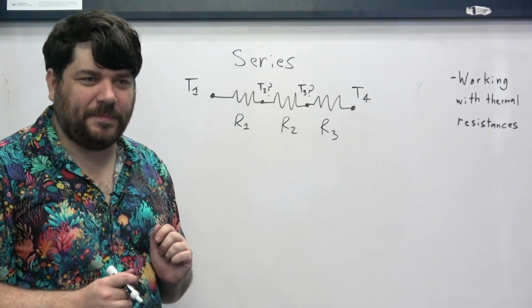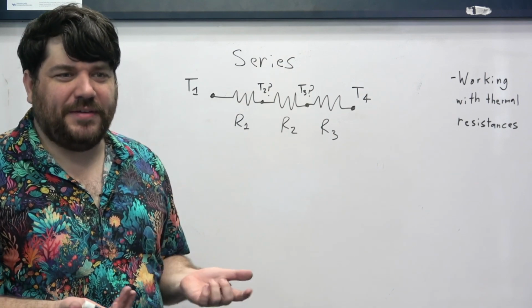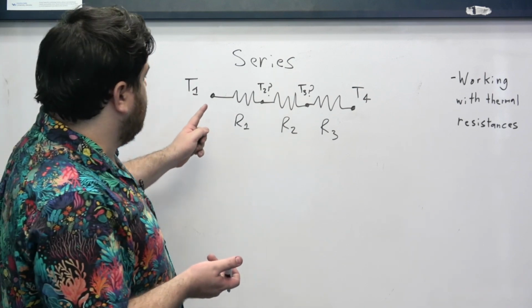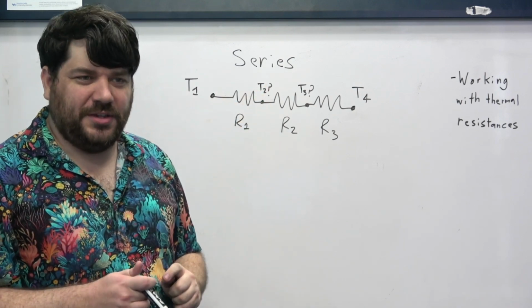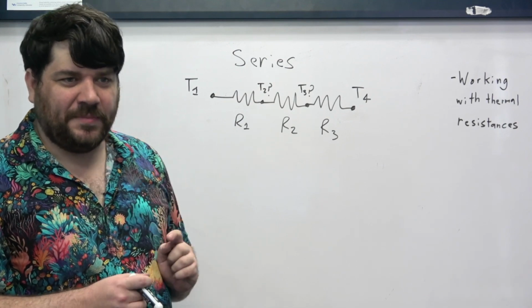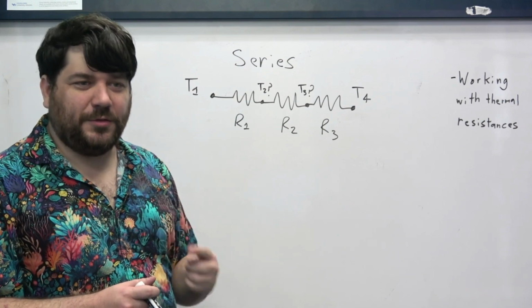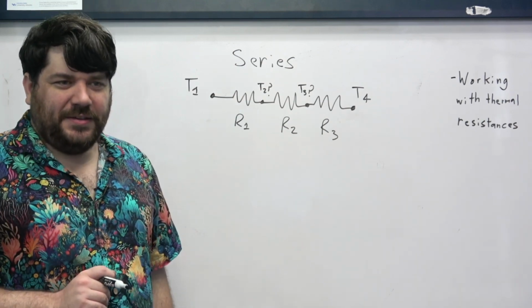In this scenario, can we figure out what the heat transfer rate is through the system without necessarily knowing what T2 or T3 are? And the answer is yes. And it has to do with the fact that Q is the same throughout this whole system. So keep this in mind, right?